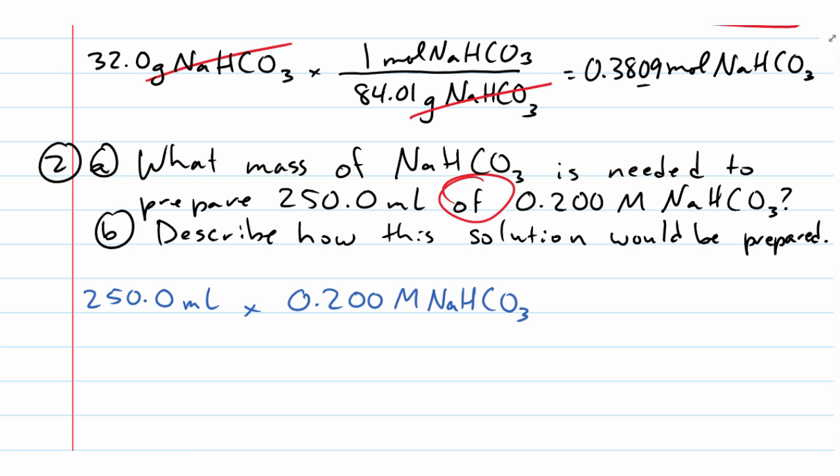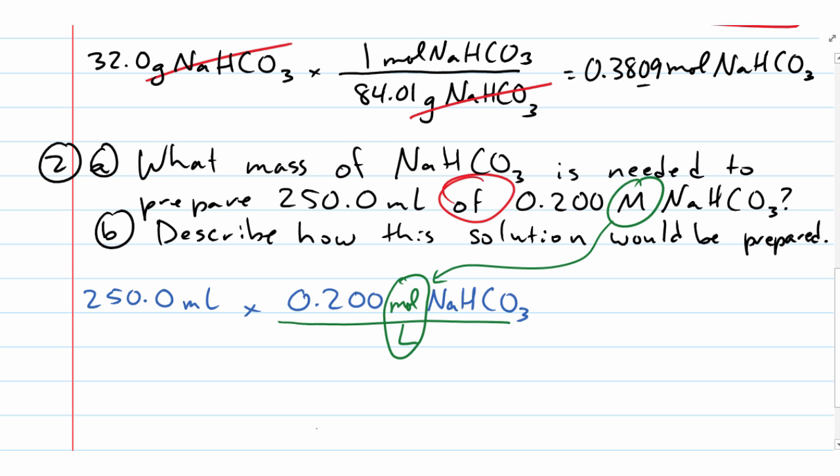First of all, we have big M. And remember that big M, we can substitute big M with which units? Moles over liters. So again, big M, we're substituting in moles per liter. And we do that to help cancel out units.